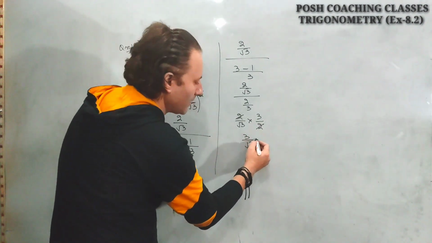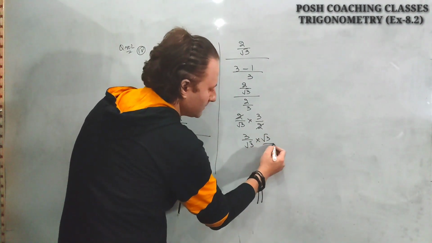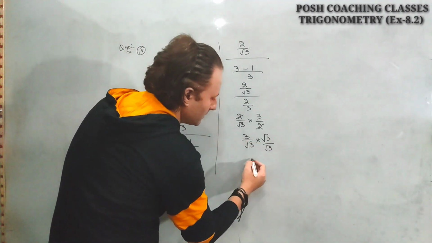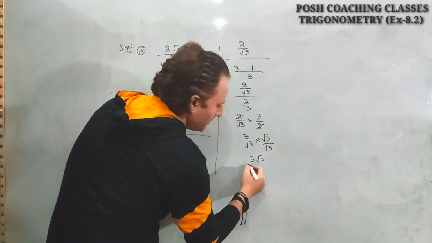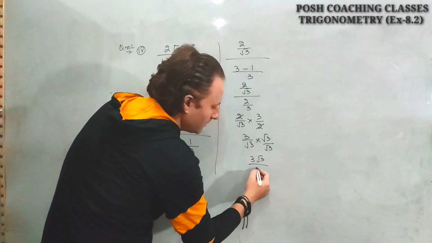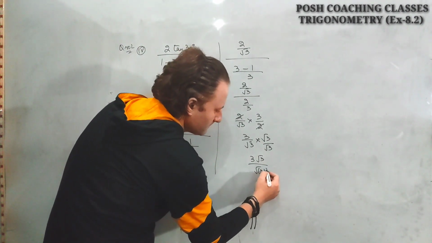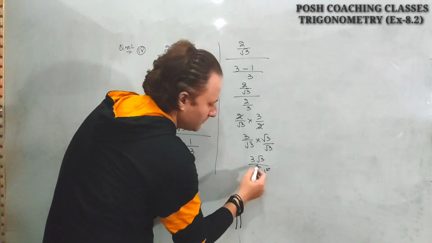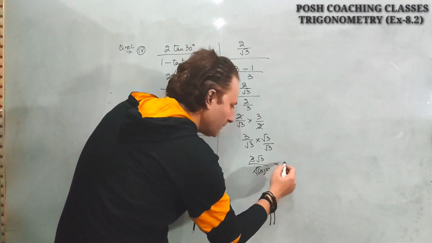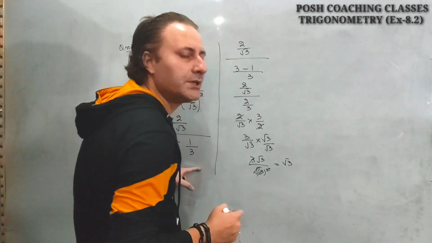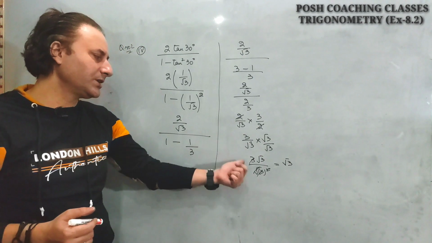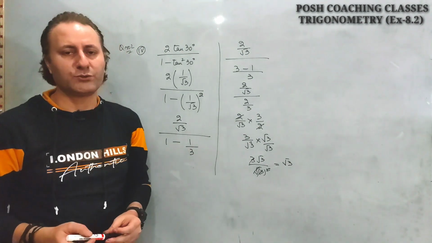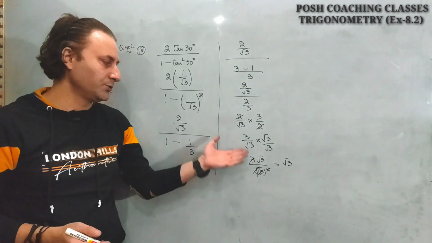Obviously we do rationalization. Let's see what happens. This becomes 3 under root 3 upon under root 3 square. This square and the square are gone, 3 and 3 also gone. Still we have the value under root 3. Right? So you can do this way or even that way. Whichever is good to you, you can use that way.